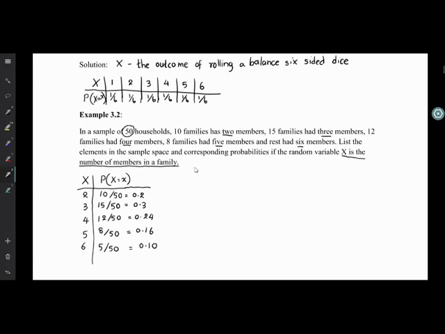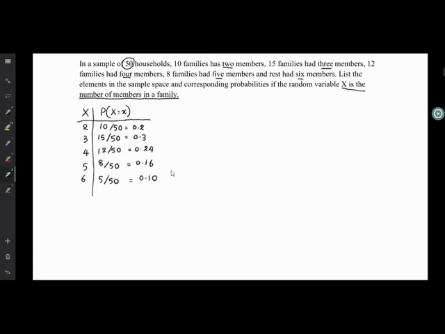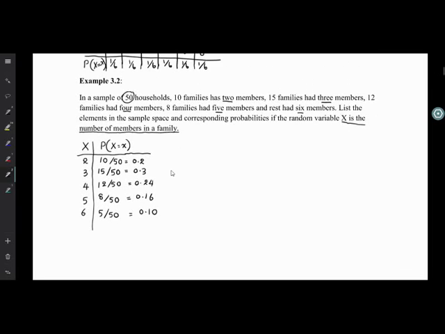If you add these probabilities together, 0.2, 0.3, 0.24, 0.16 and 0.1, they will add up to the total probability 1. So this is the probability distribution of the random variable X.